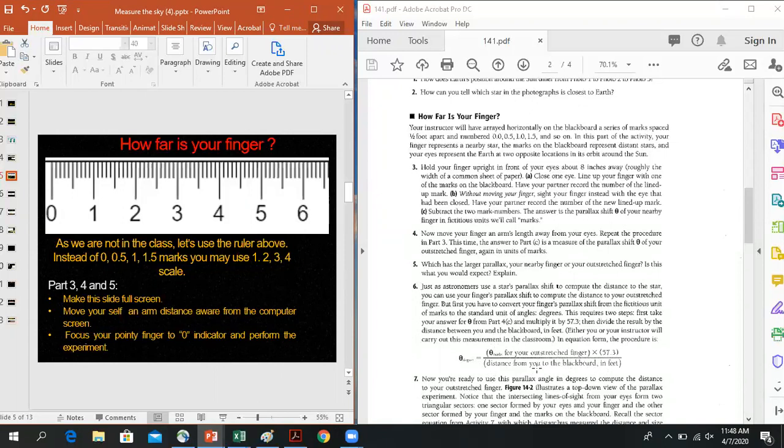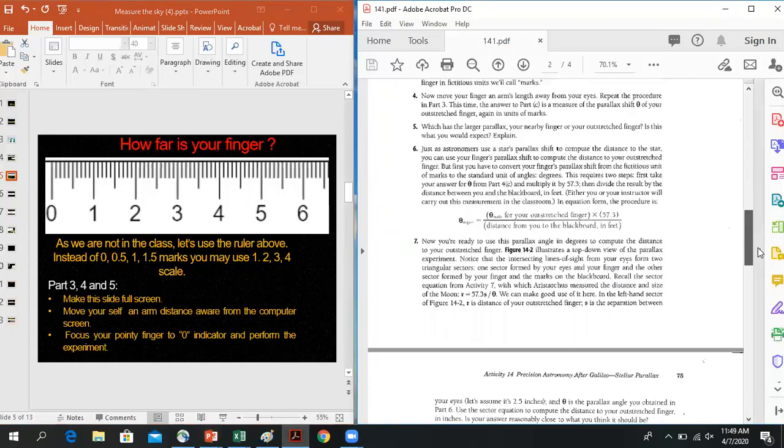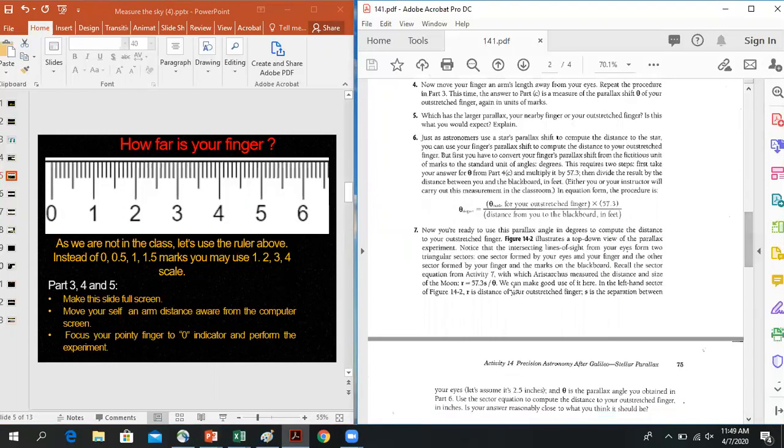So if you are using inches, you need to use inches here, or if you are using centimeters, you need to use centimeters. That's why I said you need to be consistent with your units, right? From that you can do the calculation, and then you need to calculate the R. You can calculate it using this equation.